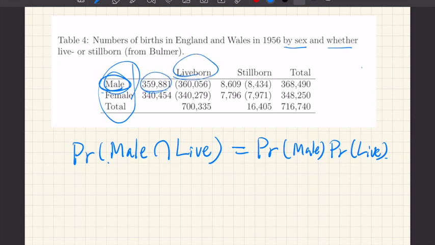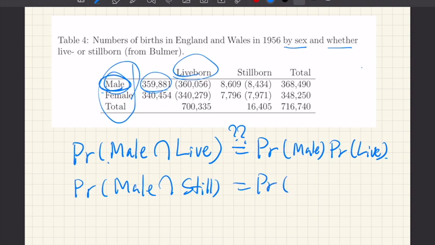Of course, we could do male and stillborn as well. We don't know if it holds. In any case, this and this or this, and this and this or this.